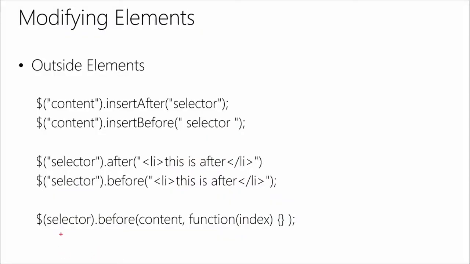So one more piece of syntax that we can have for any of these is the sample here at the bottom of the slide, which is I can take the selector and I could call before or after. And this works with a lot of different jQuery functions, not just these. And then I can tell it I want to run a function to get this done. When I run this function, I'm going to pass in some content as well.